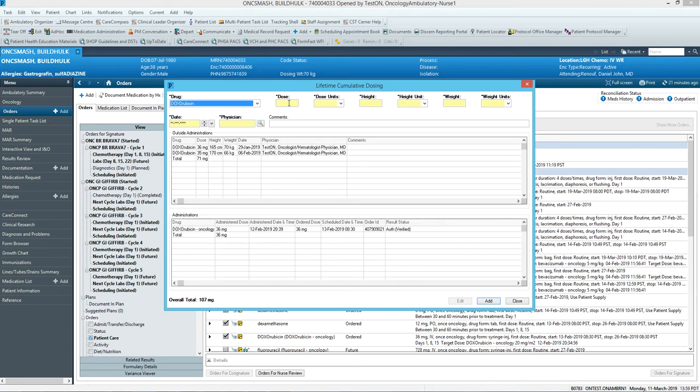For example, let's say this patient had 36 milligrams at an outside facility, and this was milligrams, not units. And for this administration, the patient's weight was 70 kilos and they were 170 centimeters.